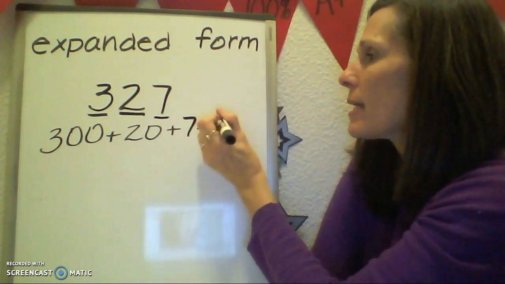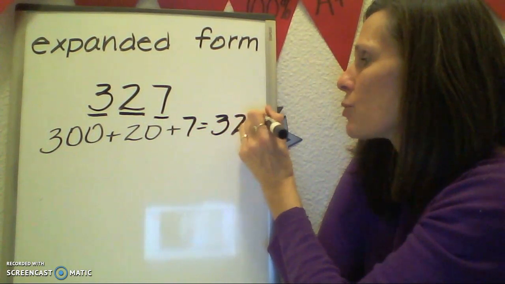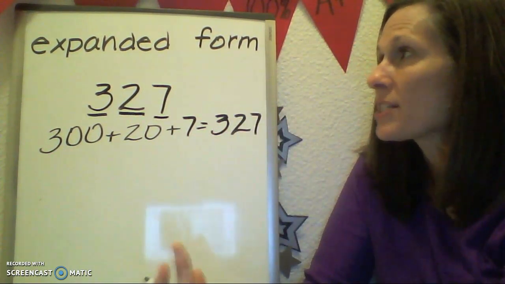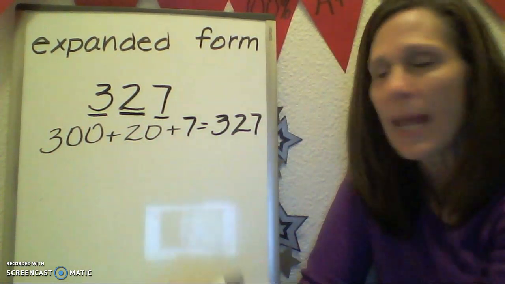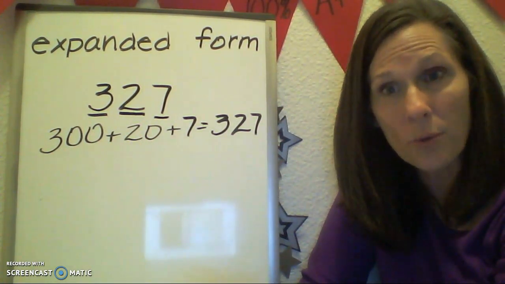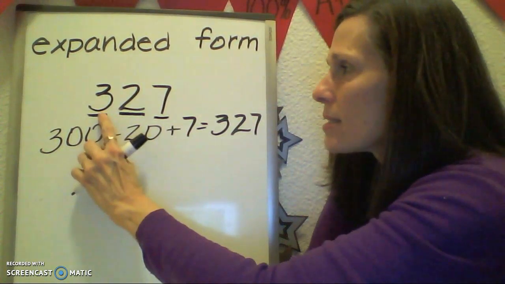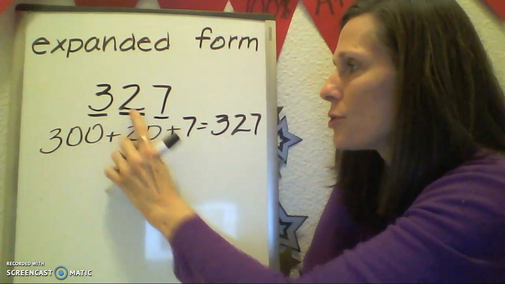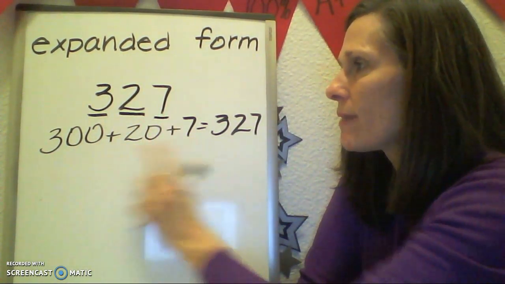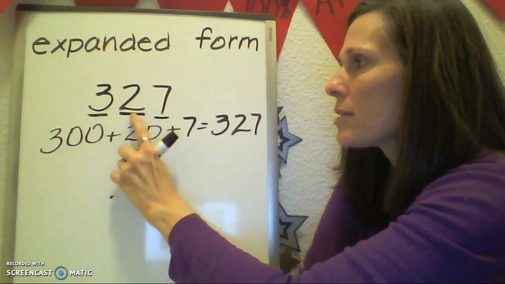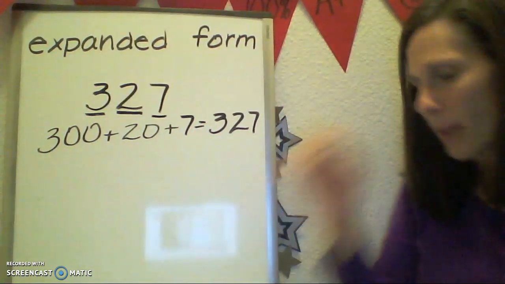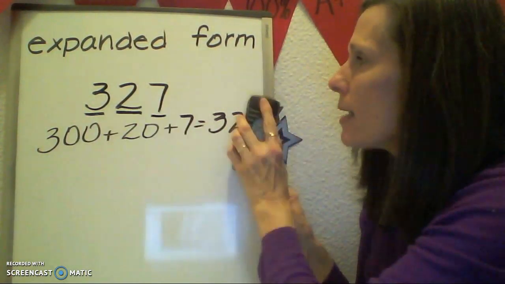So my answer is, of course, 327, right? So did I write it as a sum? Yes, it's a plus equation. And is each digit shown for its value? Yes: 300 plus 20 plus 7 equals 327.